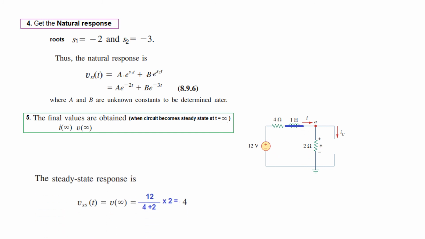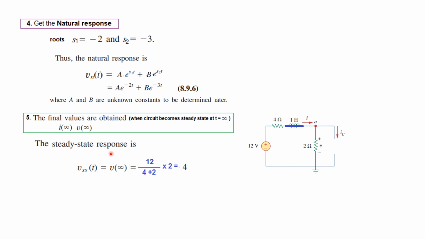So we can find the VSS, that is steady state, which is also called V infinity, which is total voltage divided by total resistance multiplied by 2. Total voltage divided by 4 plus 2, multiplied by 2, is 4 volt. So this is the steady state voltage.